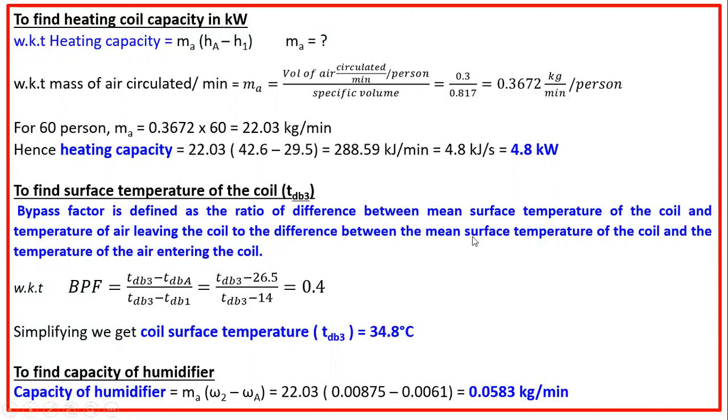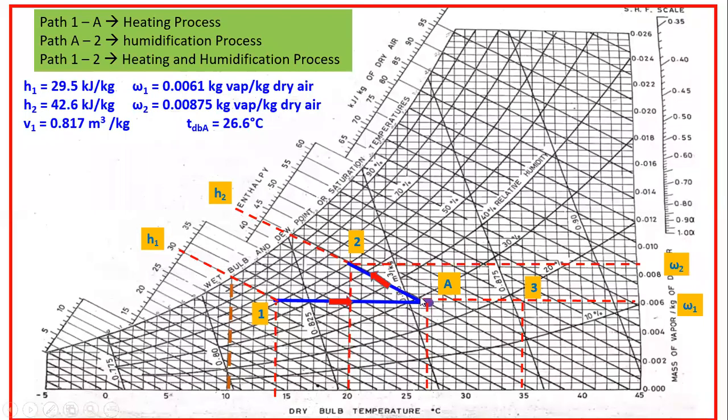So here in the numerator, it is nothing but t_dB3, the coil surface temperature, minus the temperature of the air leaving the coil, t_dBA, divided by t_dB3 minus t_dB1. See here, A is the temperature of the air leaving the coil and 1 is the temperature of the air entering the heating coil. Since 1 to 2 is humidification, at point 3 the coil temperature should always be higher than the air leaving the coil.